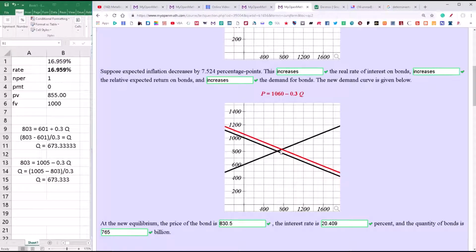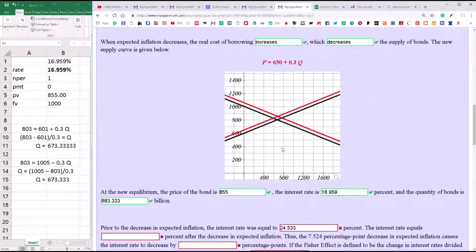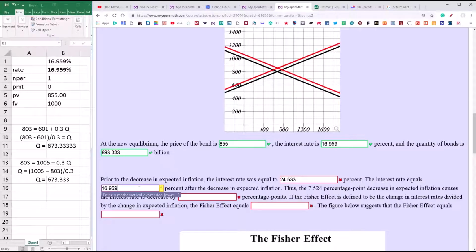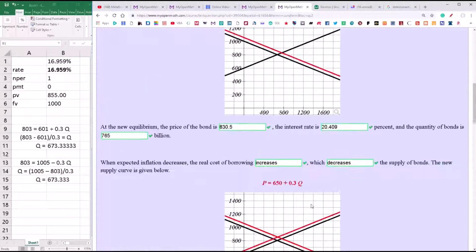So here's the first effect, and then here's the second effect. And so this is what happens to the price or the interest rate after the decrease in expected inflation. And that interest rate is 16.959. And we can hit enter to find out that we got the right answer.